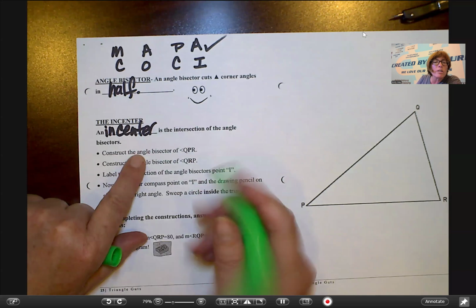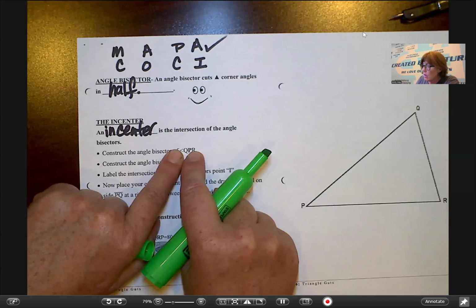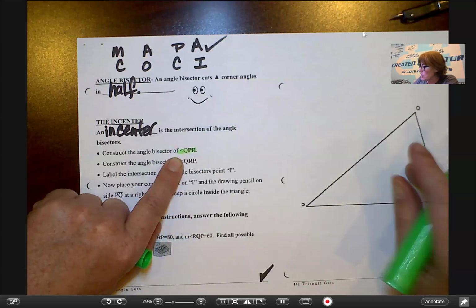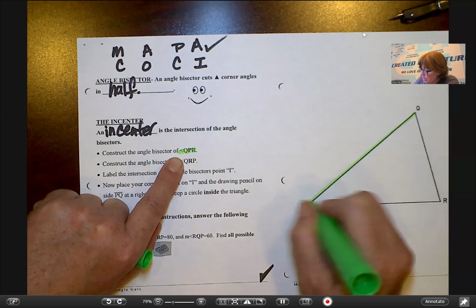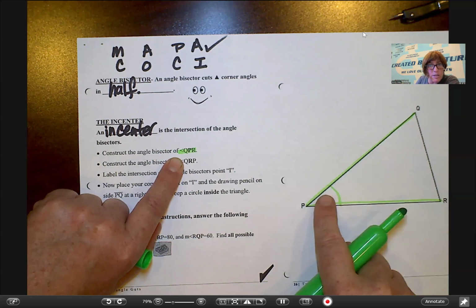We are going to construct an angle bisector of angle QPR. QPR. Let's trace and sweep. We're going to bisect that angle.